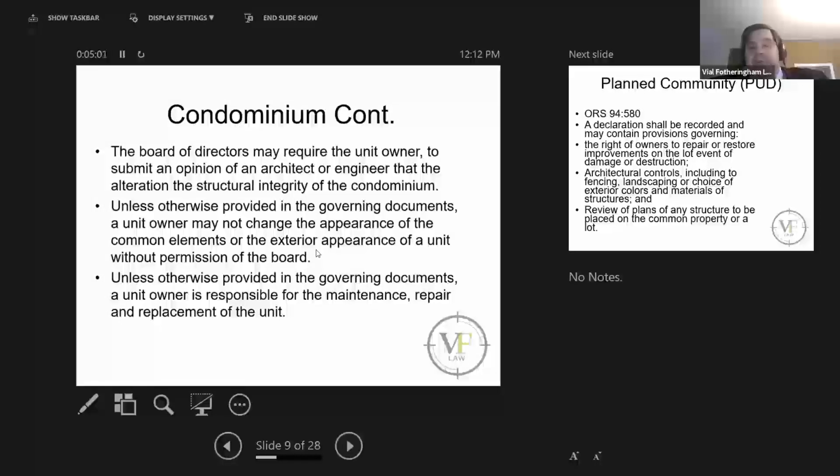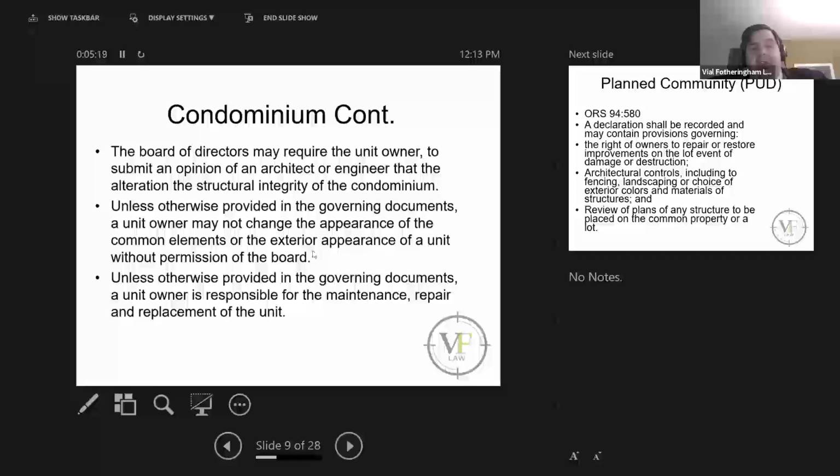It also, of course, deals with things like you can't paint the exterior of a condo unit or the building on your own, can't paint the railings. This applies to any common element, whether it's a general common element or a limited common element. It's, again, got to have board approval.